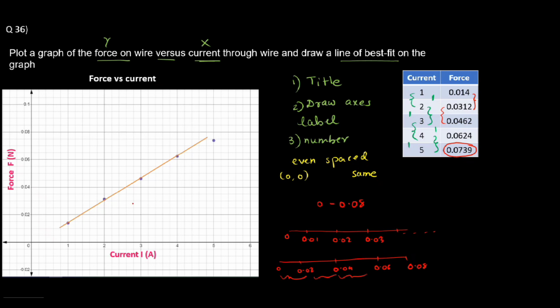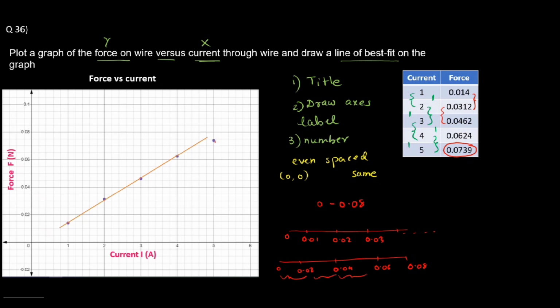It's not necessary for the line of best fit to pass through all of your points. It should pass through the maximum of the points, or it must be close to the majority of the points. And it is okay if you have an outlier. Like I have this point that does not fit on my line of best fit.